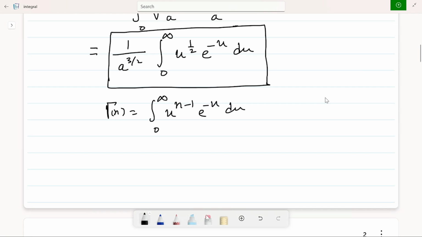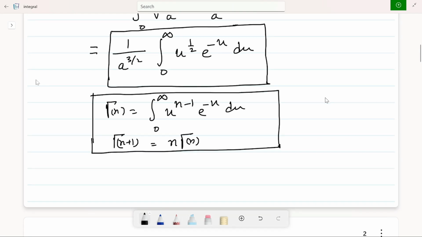There's one more property of the gamma function that we'll be using, and it says that gamma of n plus 1 equals n times gamma of n, right? Now these two integrals are going to be equal if somehow n minus 1 equals 1 by 2. That is, if n minus 1 equals 1 by 2, then n equals 3 by 2.